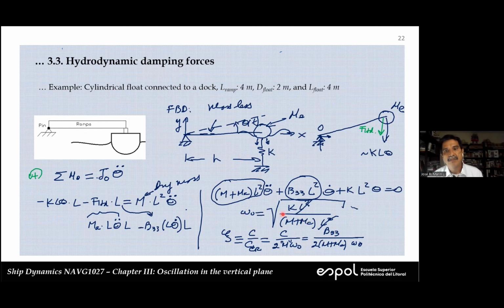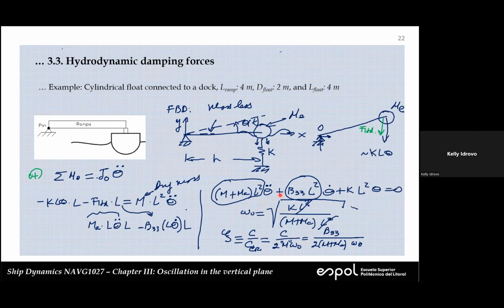So you have to assume a frequency, calculate the added mass, and with this value calculate omega. If this is exactly the same as the one you assumed to calculate added mass, you are correct, because this is the expression for the natural frequency when this is the correct model for this system. So once those two are the same, you are fine.